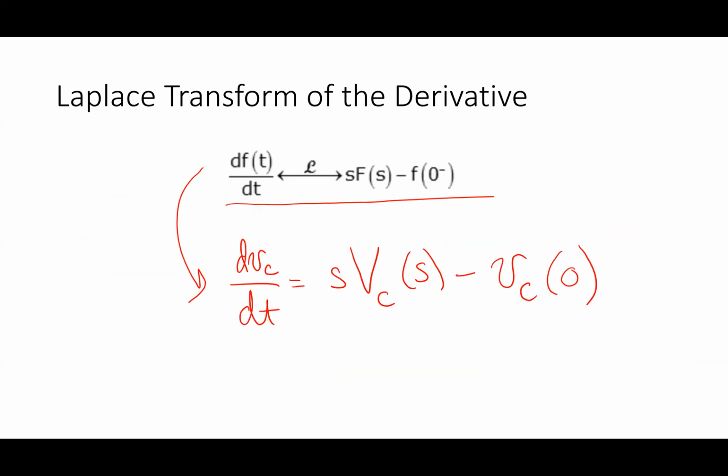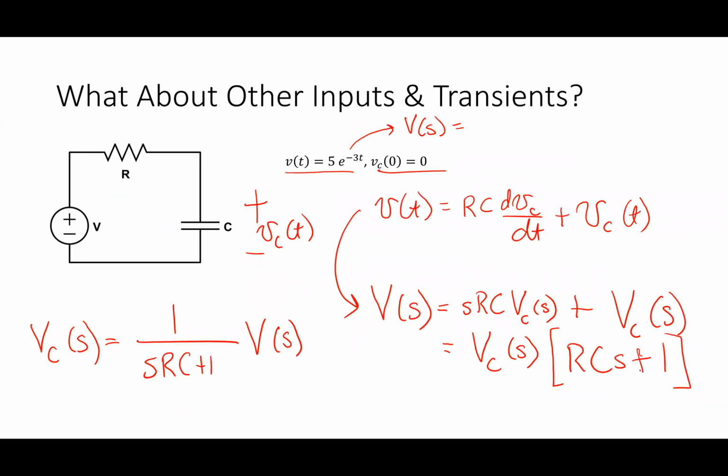So what is 5e to the negative 3t going to be? 5 over s plus 3. So this becomes 1 over (sRC plus 1) times 5 over (s plus 3).